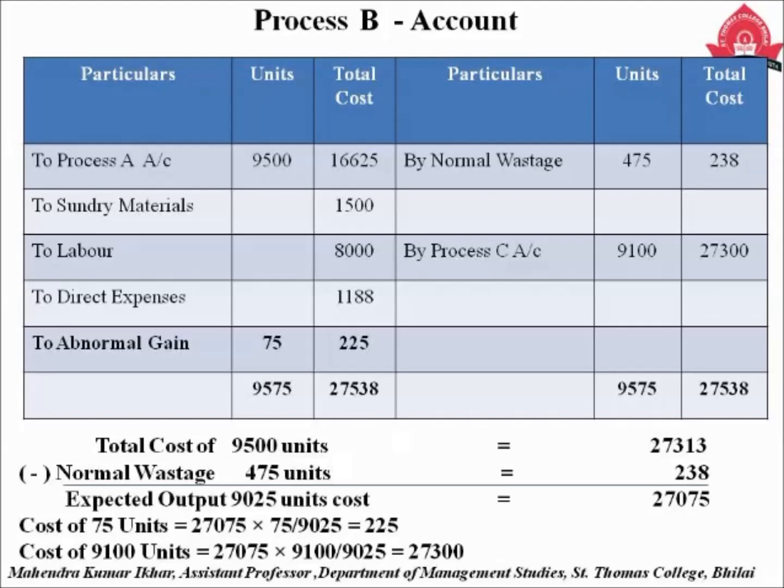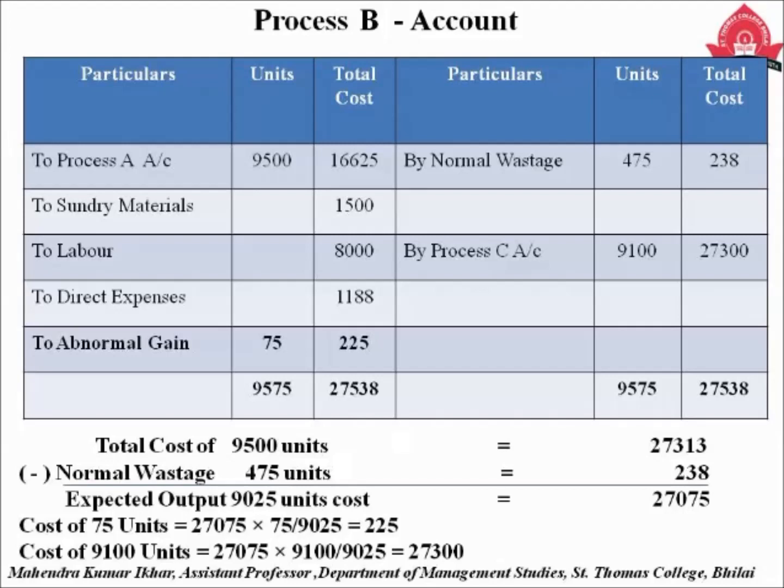so we got total cost of normal wastage is 238. Similarly, as per the process A, again 9,500 units, total gross cost is 27,313, and normal wastage 475 is deducted in units, and the cost 238 is deducted from the gross value. So we got expected output 9,025 units and the cost is 27,075.